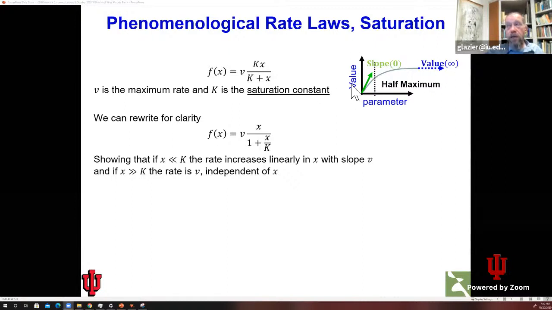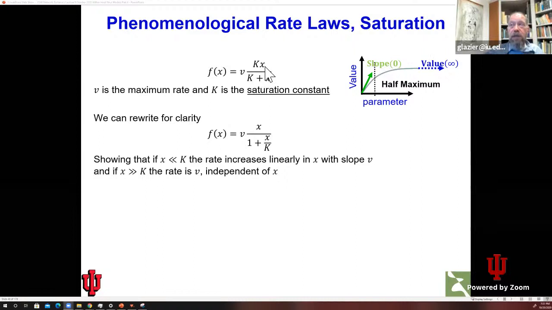And in this case, if I want to know what this value is as a function of my parameter, if my parameter is x, if I write f of x is equal to v times kx over k plus x, then if x is very small, the denominator here looks like k, and I'm left with v times x.